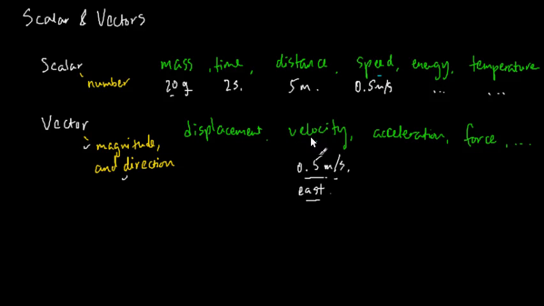In other words, in physics, the word velocity has a rather specific meaning, unlike the way we use the word in everyday English, where when we talk about velocity, we don't have to think about the direction. We would, in fact, always use the word velocity and the word speed as if they're the same thing.